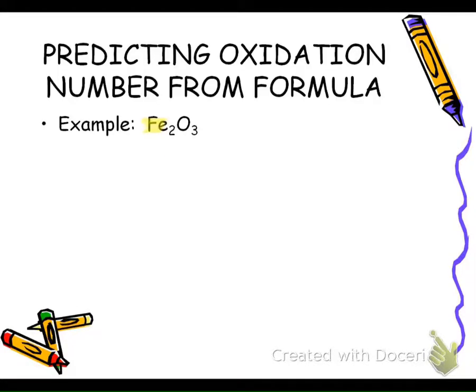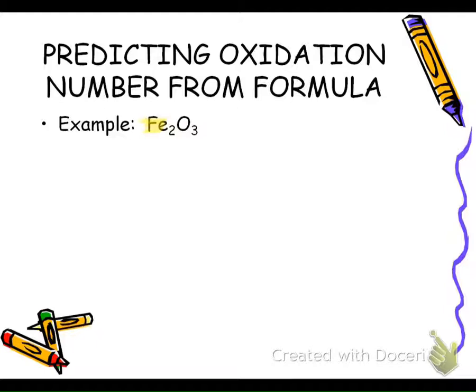So how do I go about predicting the oxidation number from the formula in order to get the proper name? Let's use Fe2O3 as our example. Get in the habit of finding the first element in a formula on the periodic table. I find iron, atomic number 26, is a transition metal in Roman numeral land.